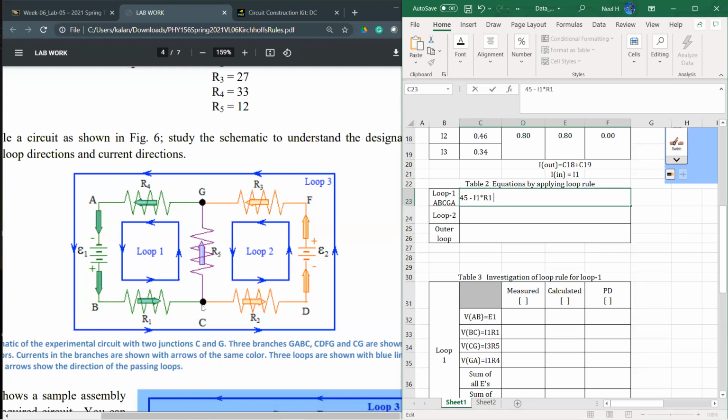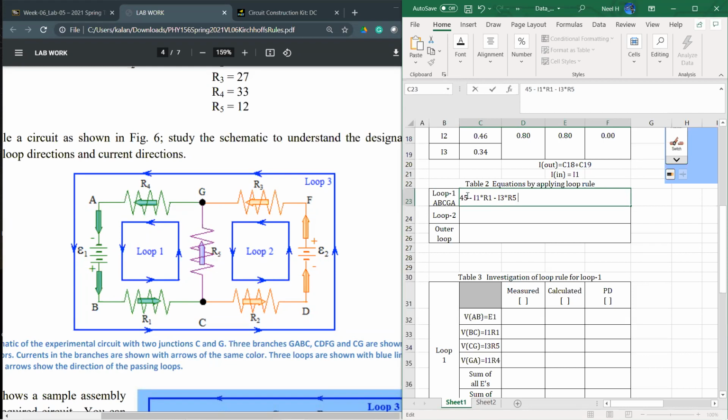Now if you go from C to G, the purple part, the current direction is the purple arrow. The loop direction is C to G, where we are moving on that line. Both are the same, negative sign. The current passing through is I3 multiplied by R5.